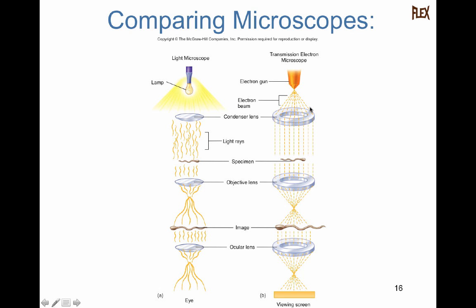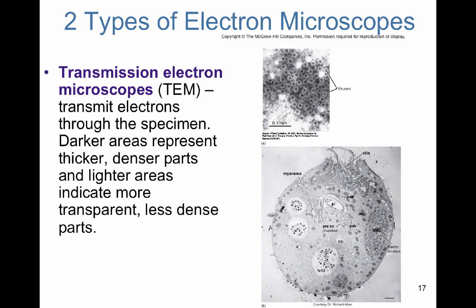A little different here, with the electron microscope, rather than a light source, you have an electron gun that will be aimed at and pass through, similar to light microscopy, a condenser lens, a series of objective lenses, an ocular, and then rather than your eye, onto a viewing screen. Similar mechanics, but just remember, greater magnification and greater resolving power for electron microscopy.